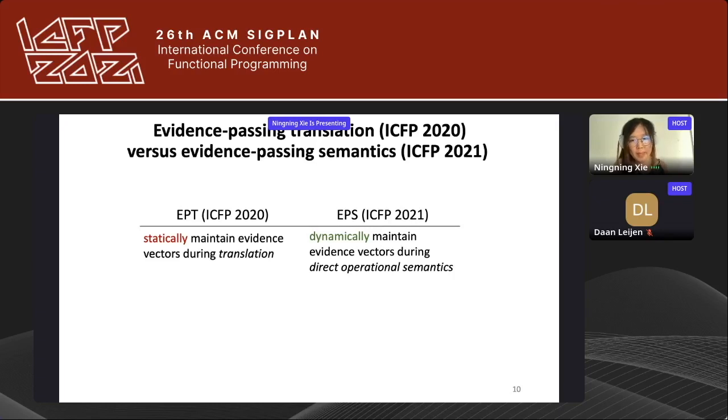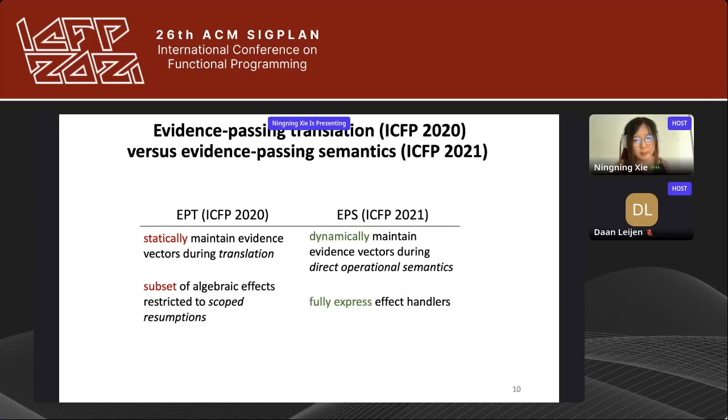And while EPS works for general algebraic effects, EPT only works for a subset of algebraic effects, restricted to what we call scoped resumptions, where a resumption can only be evaluated in the same evaluation context as it is captured under. In the rest of the talk, we will explain in more detail how EPS works. Audience members who have attended our ICFP talk might already be familiar with this part.